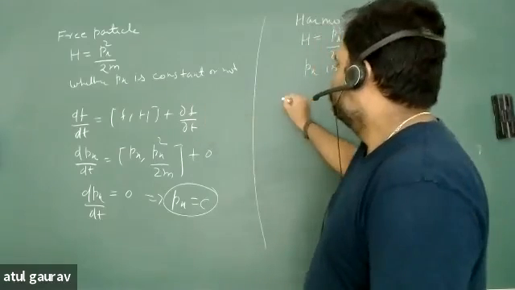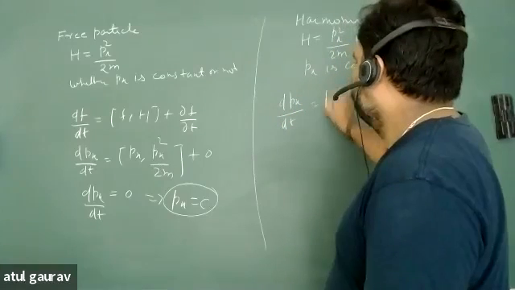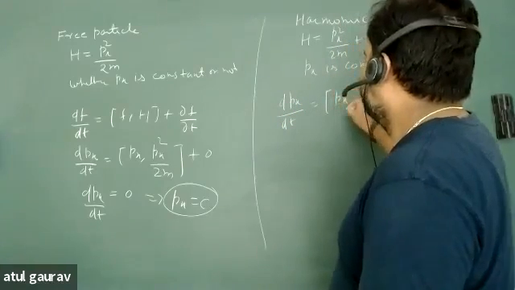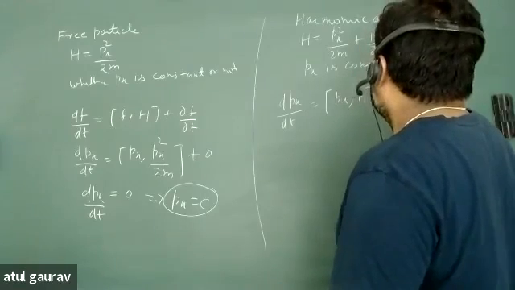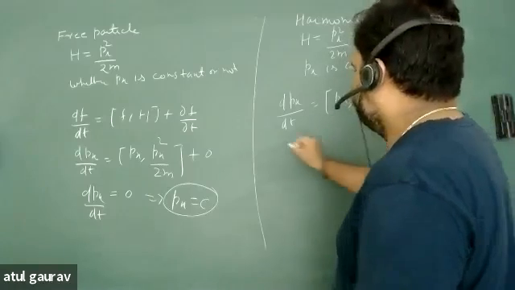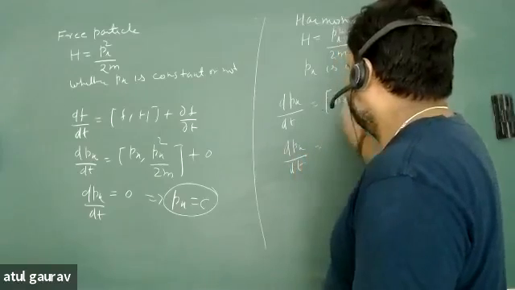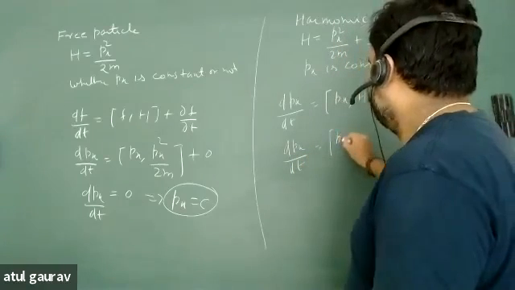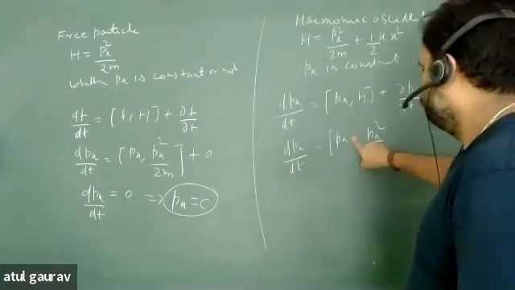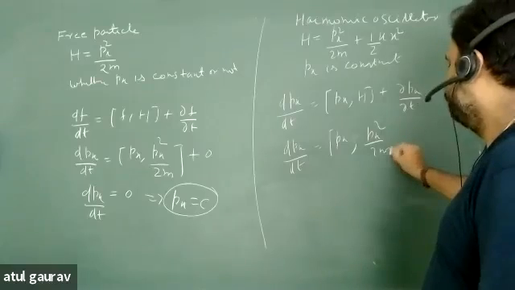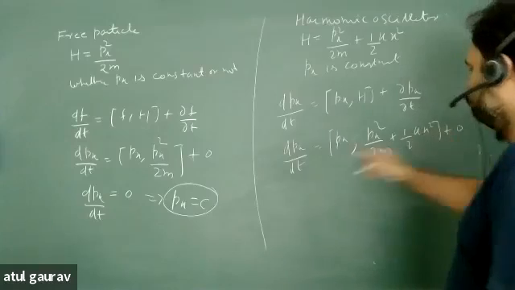Again we use this thing: dpx upon dt is equal to [px, H] plus del px upon del t. This is not an explicit function of time right now. So there will be [px, px square by 2m plus half kx square] plus 0.